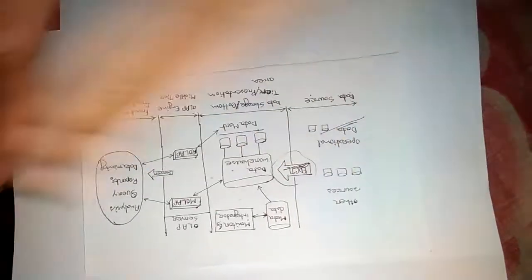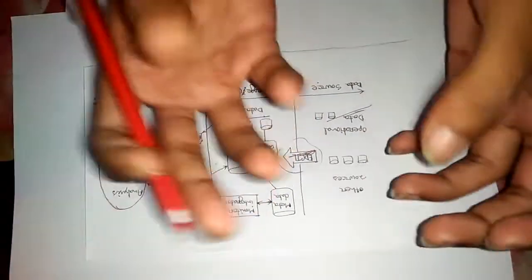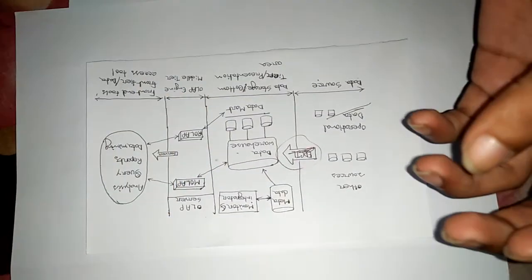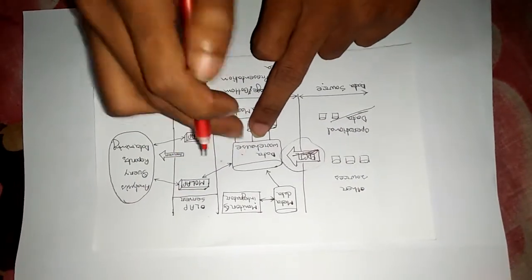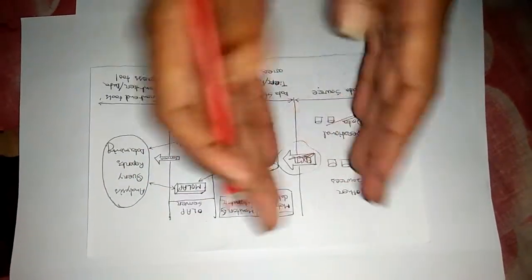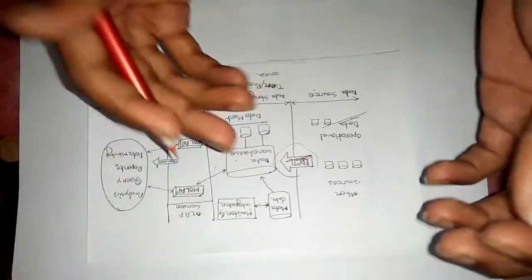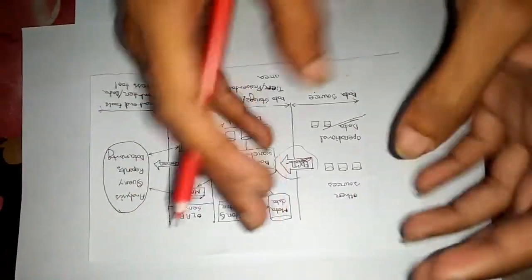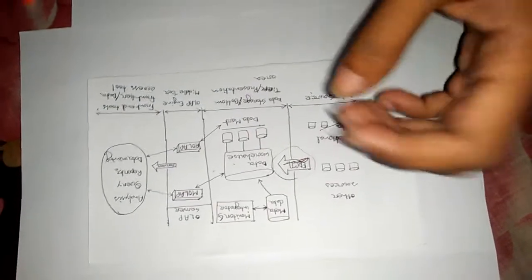Now, what is T? T means transform. After fetching and clustering the data we need to store in the data warehouse, we need to transform it, because there are many patterns of data.